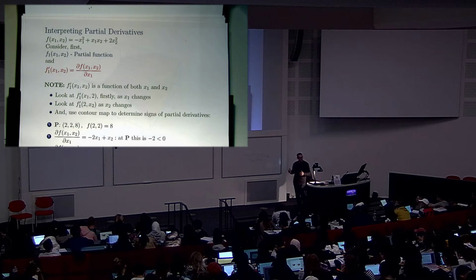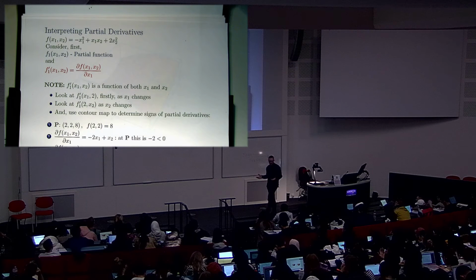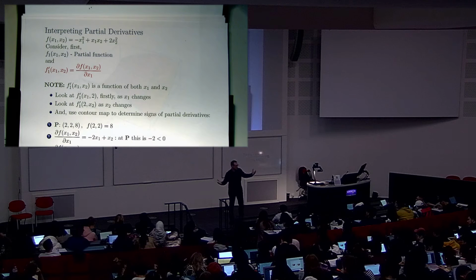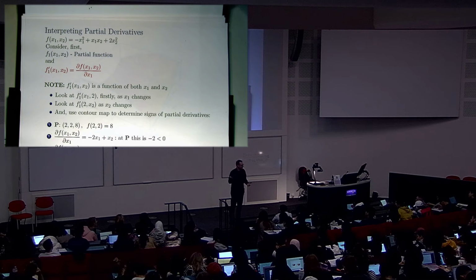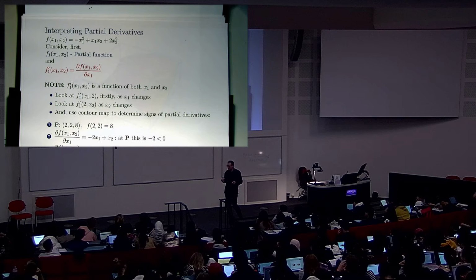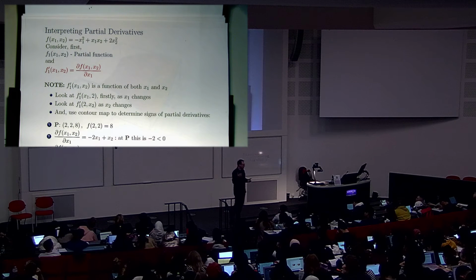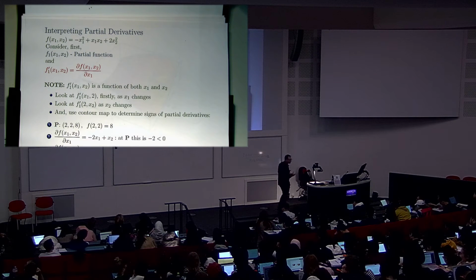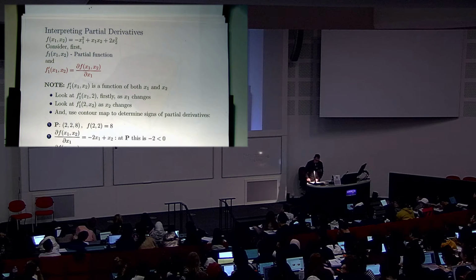Either into the x1 direction or the x2 direction. But since our function is some sort of weird construct, we can calculate that slope at any point. At any x1, x2 combination, we can calculate a slope in the x1 direction and a slope in the x2 direction. Okay? And that's what we do with this.